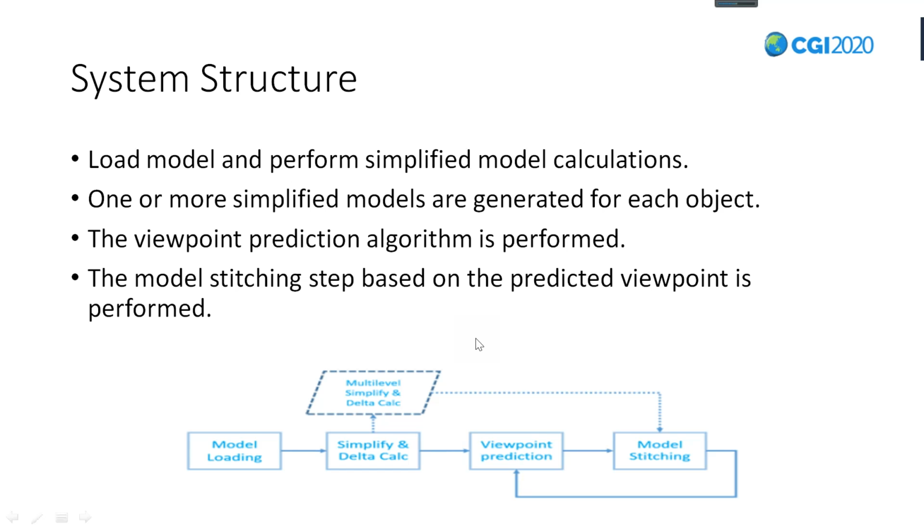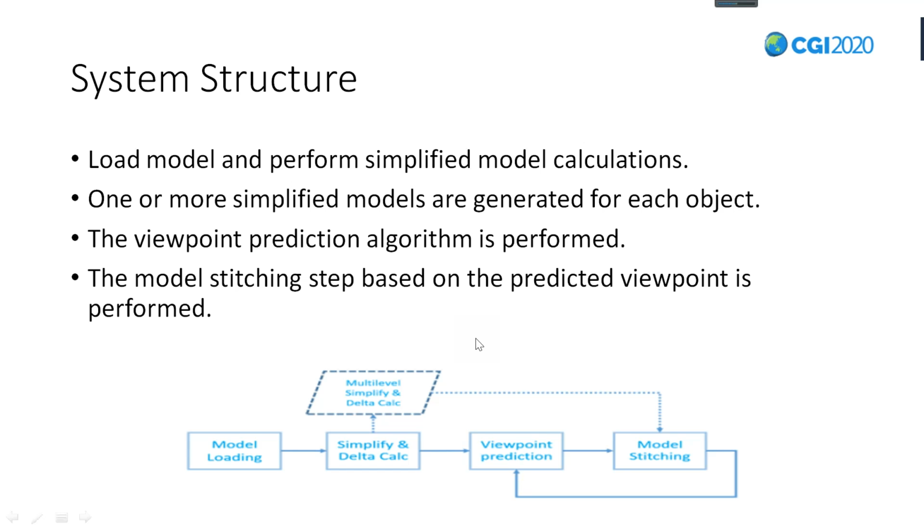The whole system structure is illustrated in the figure below. The system can be divided into five parts. Firstly, the model is loaded and some simplified model calculation is performed. Second, one or more simplified models are generated for each object.